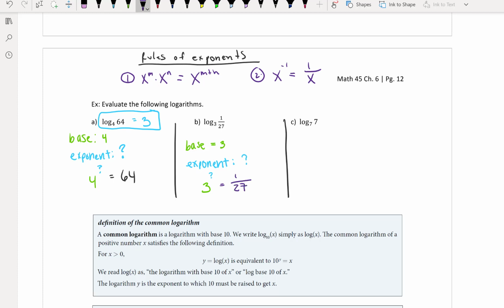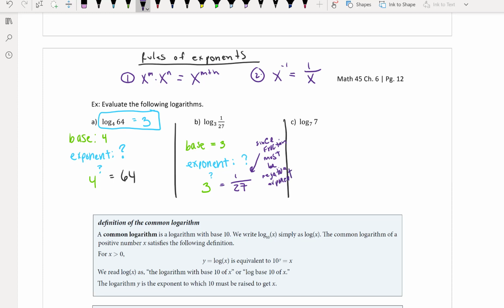Well, notice how it's a fraction. So this is kind of like going with rule number 2. Because it's a fraction, I know it's going to be a negative exponent.